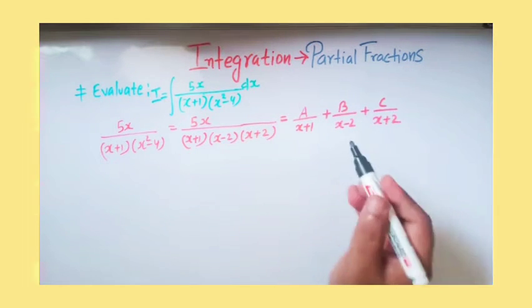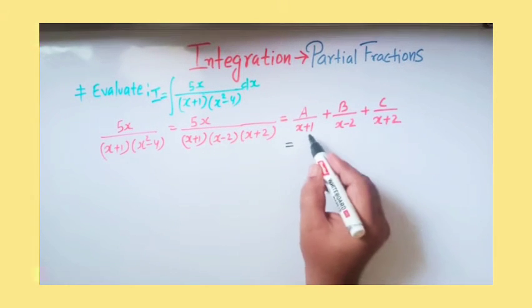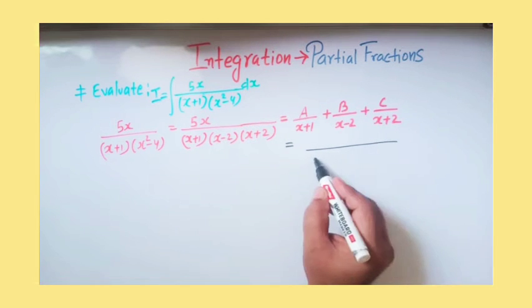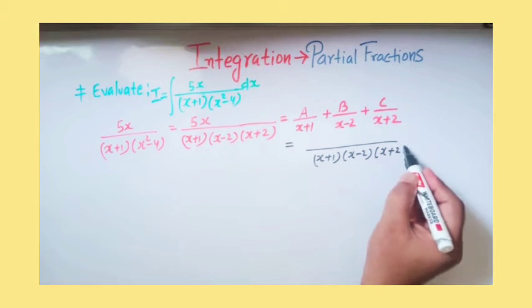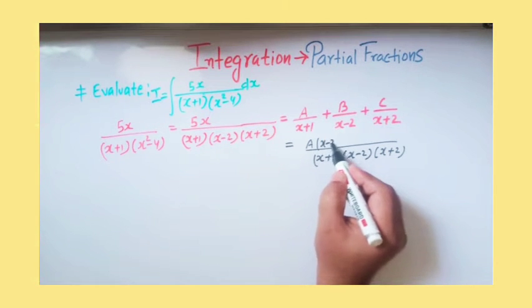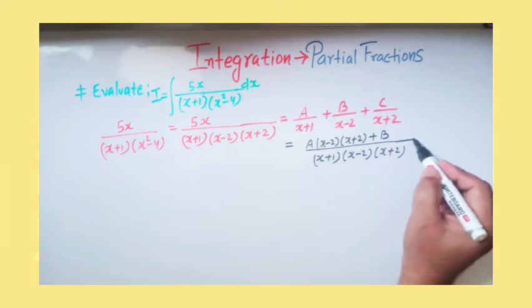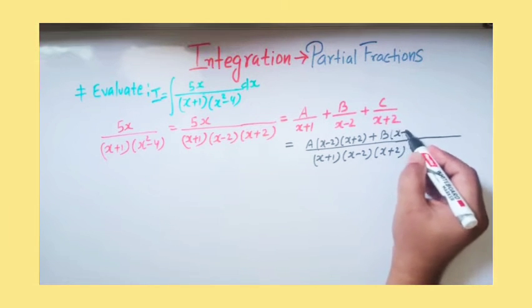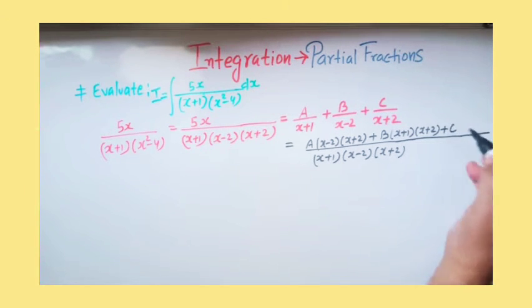Okay, so what we will do, we will take the LCM of these three expressions. So we have x plus 1, here we have x minus 2, here we have x plus 2, and in the numerator we have a times (x minus 2)(x plus 2), plus b times (x plus 1)(x plus 2), and then we have c times (x plus 1)(x minus 2).